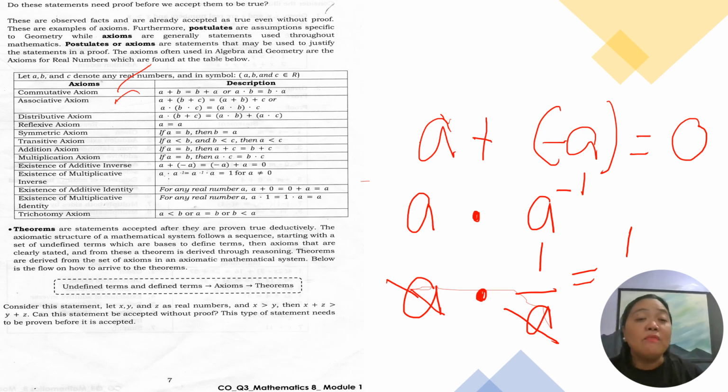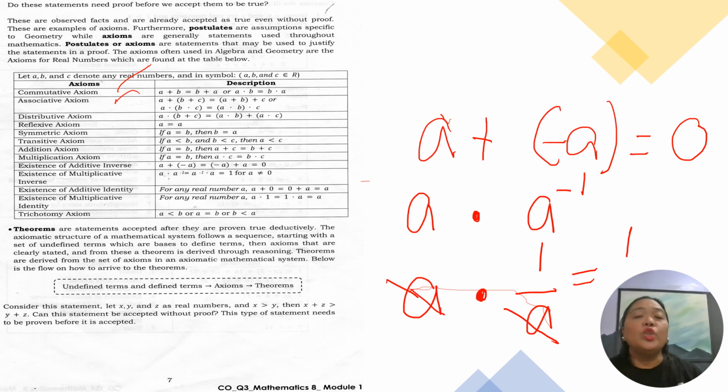The multiplicative identity of multiplication is 1. Any number multiplied to 1 is itself, right? So A times 1 is equal to A. Our multiplicative identity is 1.